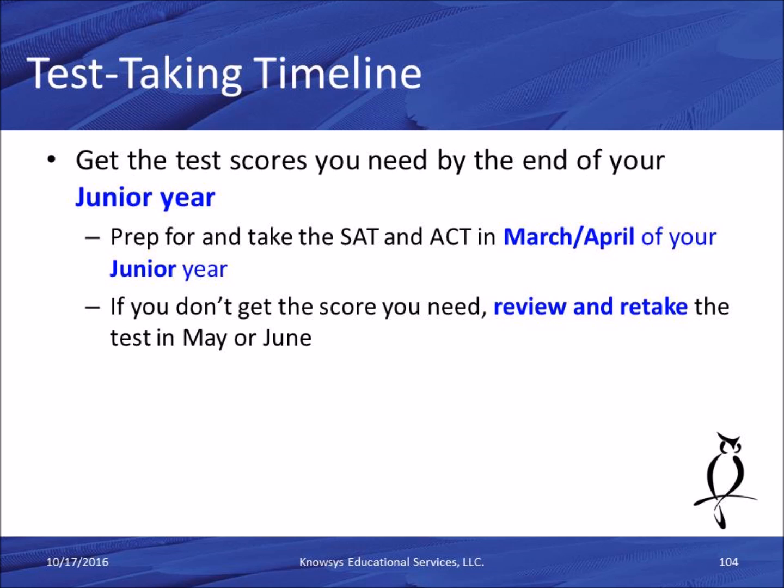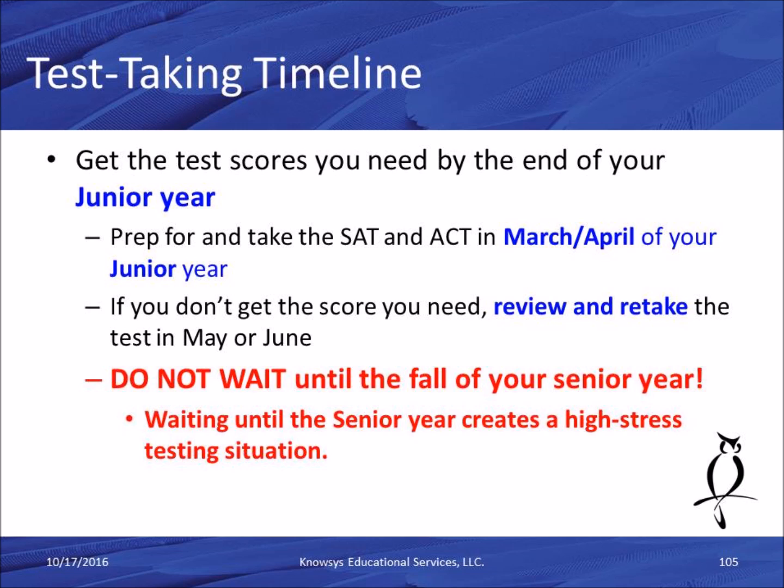You've got the score you need before you leave for the summer. What you absolutely do not want to do is wait till the fall of your senior year and create this high-stress, high-stakes testing situation. Because for most universities, the last test you can take is October of your senior year if you want to get your results back in time to submit them for admissions and or for scholarship deadlines.